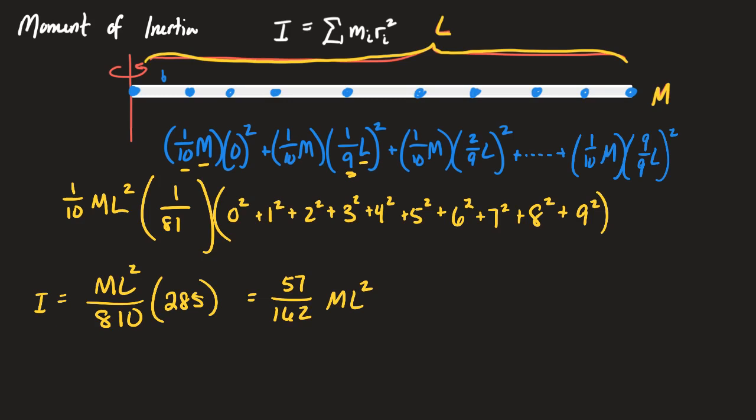The moment of inertia of a rod about its end is a known value. The moment of inertia of a rod about its end is 1/3 m L squared. How close is 57 over 162 to 1/3? I'd say it's pretty close, because 50 over 150 would be 1/3. So what is 57 divided by 162?